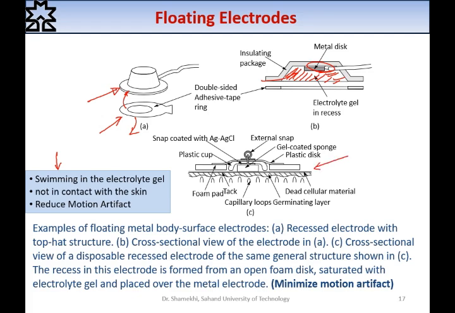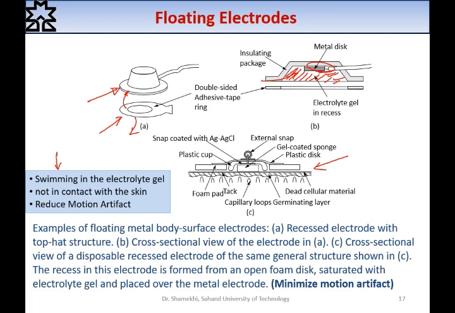In this type, in figure C, we have a cross-section view of a disposable electrode for the same purpose, floating electrodes.